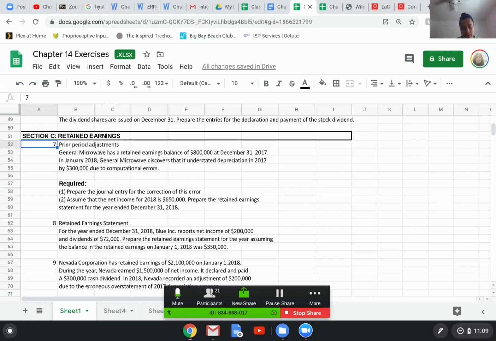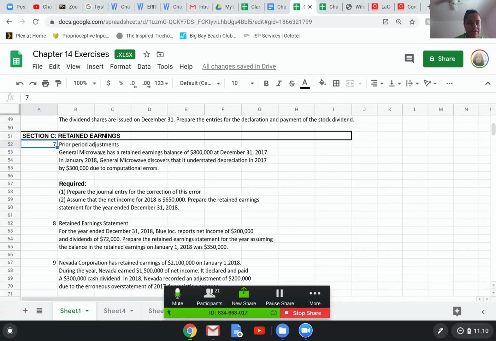The book moved away from wanting a full statement to just wanting a balance calculation. But in order to get to the balance, we still have to consider a few things. So I'll walk you through this one.